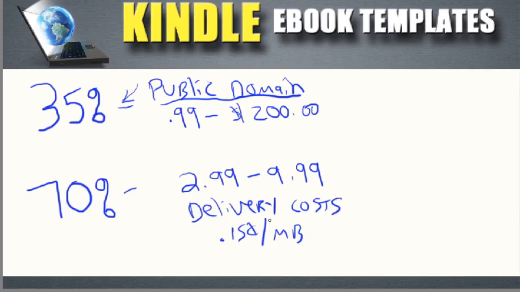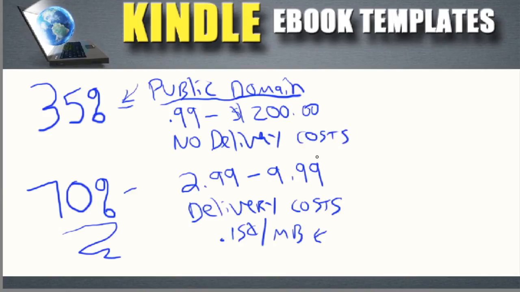This might be an issue if you are doing a children's book with a lot of images, a very image-intensive book. Then you might want to take that into consideration. But the delivery costs are not a huge deal to think about. In most cases, if you can get into the 70% category, it's worth it. In the 35% category, there are no delivery costs at all. So that's a good thing.